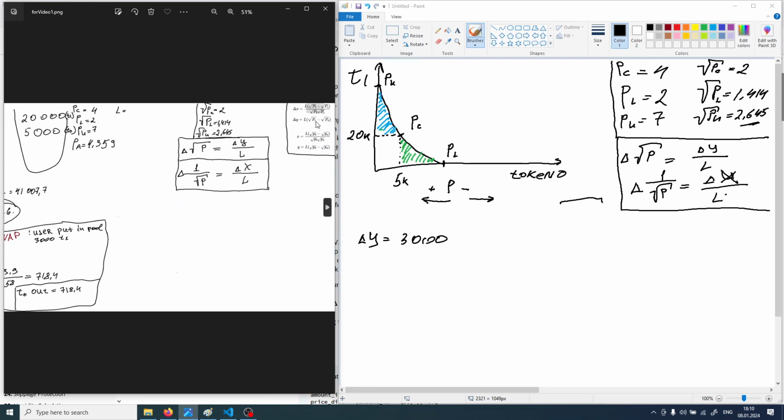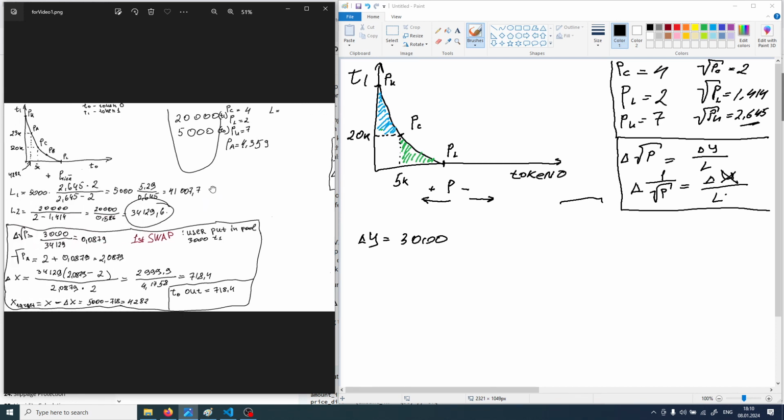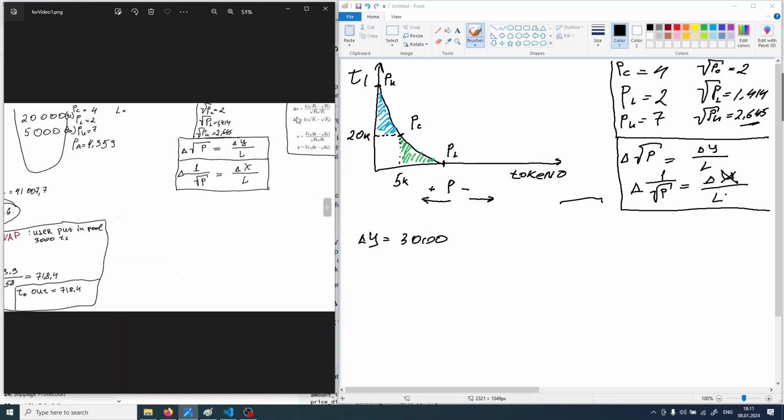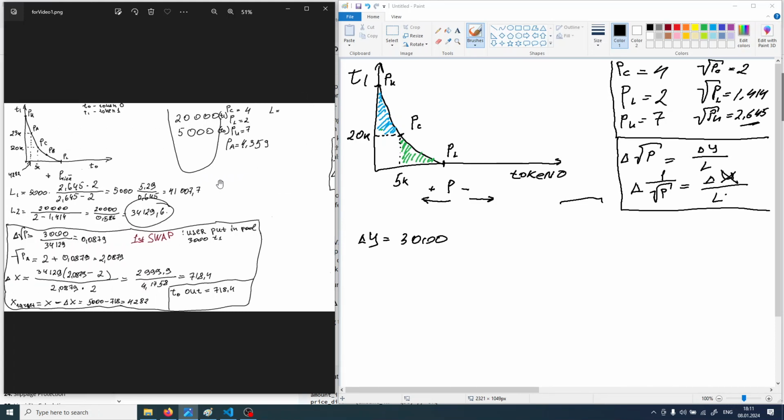This formula, because we have delta y, and from delta y we can find delta square root of p.